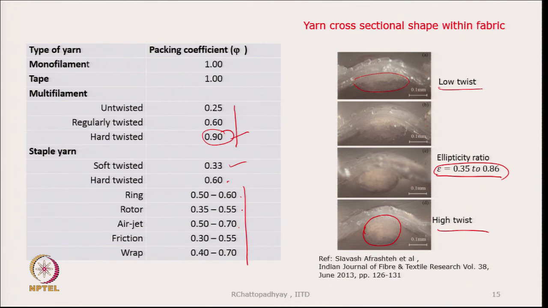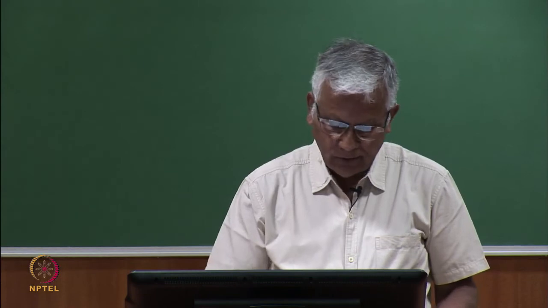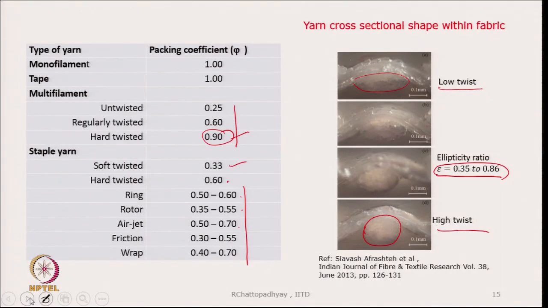And you see, therefore, the property of the fabric, especially the thickness value of the fabric, is a function of the deformation in these yarns within the fabric, which in turn depends upon the packing coefficient of the yarn. Packing coefficient in turn depends upon the level of twist that we have chosen in these yarns. So, this is how the twist becomes important.